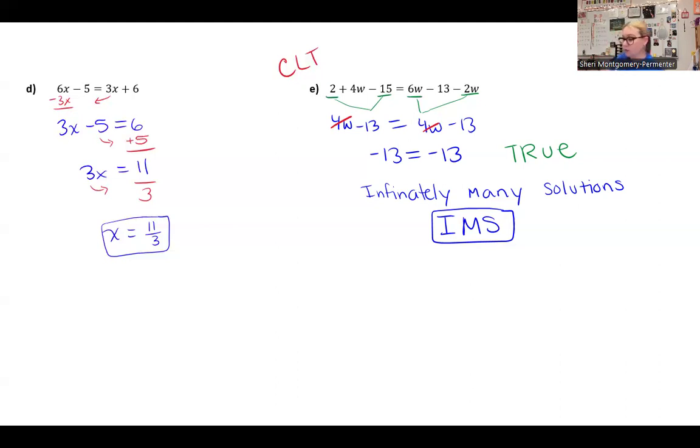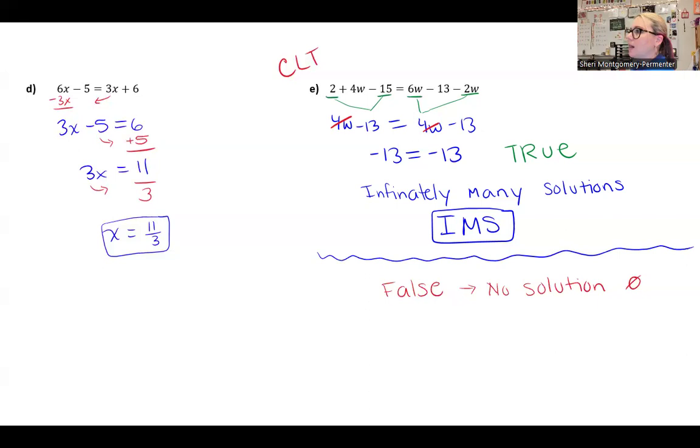So if you want to jot that out to the side, if you were to get a false statement, then we could say no solution. And that's a lot of words too, but we have a symbol that you could use, and it's a circle with a line through it. That means no solution. So remember that this is separate from the problem we were just doing. So make sure you put that off to the side.